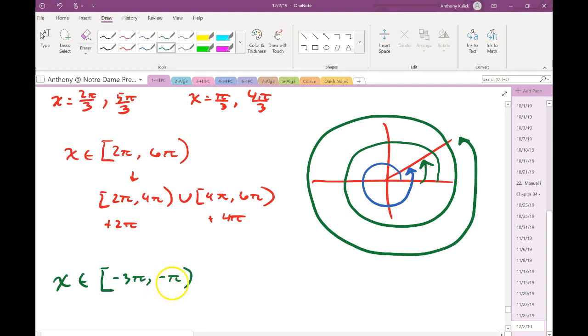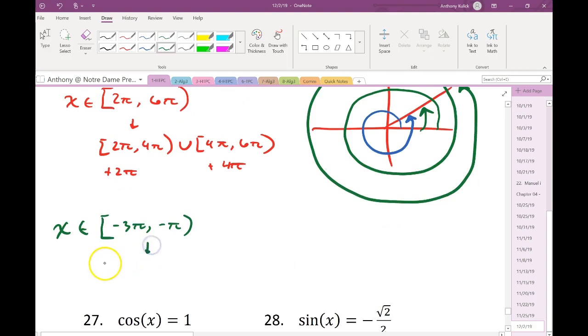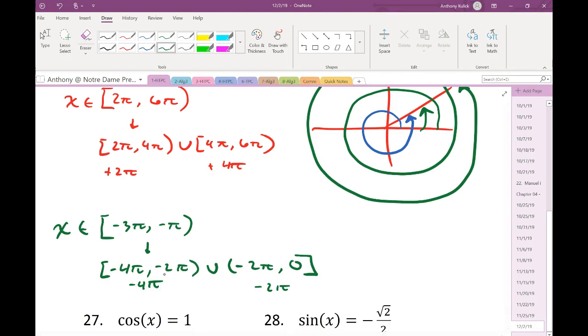All right. So when I see this, the way I'm going to think about this is negative 4 pi to negative 2 pi, and then negative 2 pi to 0. So to get the answers here, I'm going to be subtracting 2 pi. To get the answers there, I'm going to be subtracting 4 pi. So when I subtract 2 pi from pi over 3, I get negative 5 pi over 3.